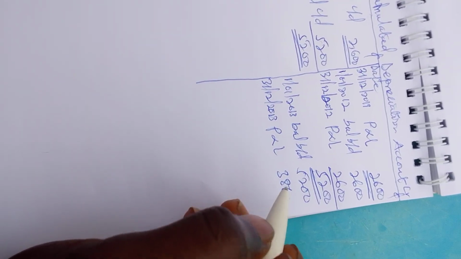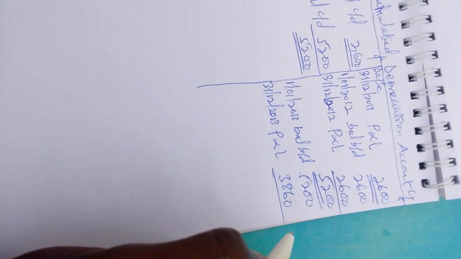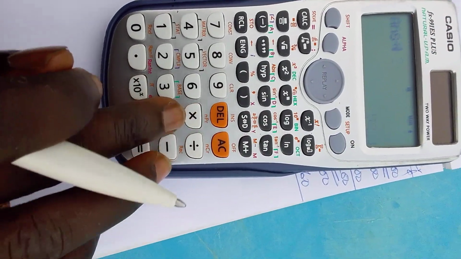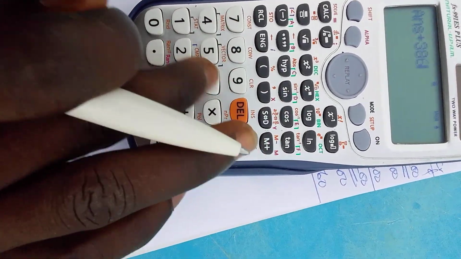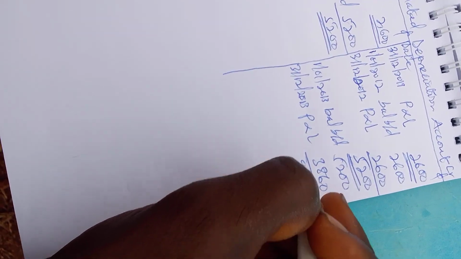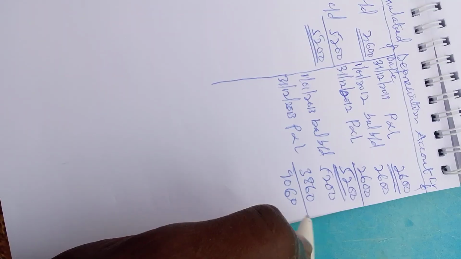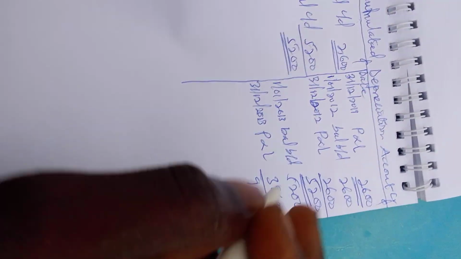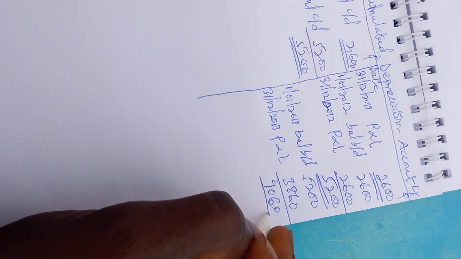We are going to balance it off, so the total is going to be plus 3,860, which is 9,060, and no asset was being disposed of, so we are going to balance it off.